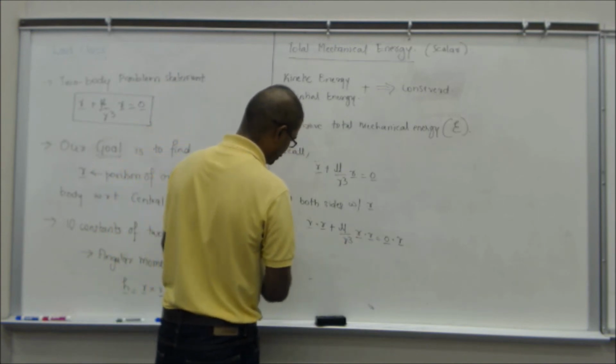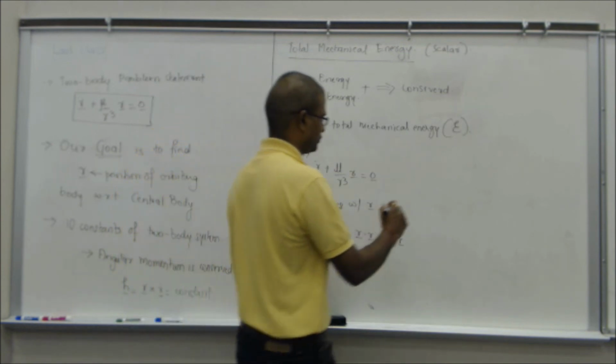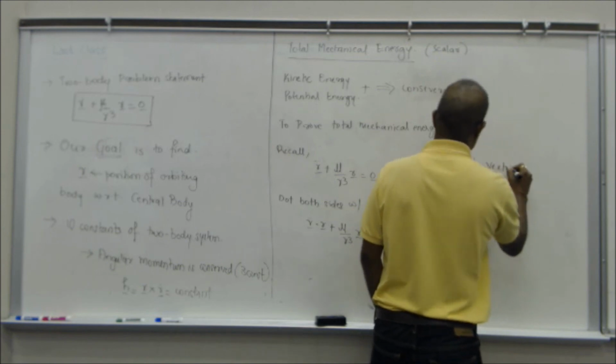R dotted with R is what? A vector dotted with itself? It's the vector's magnitude squared, a scalar.